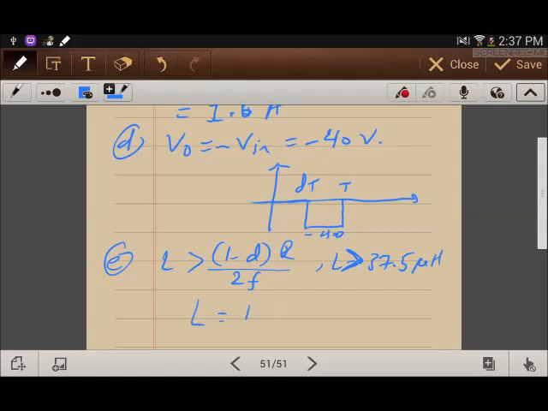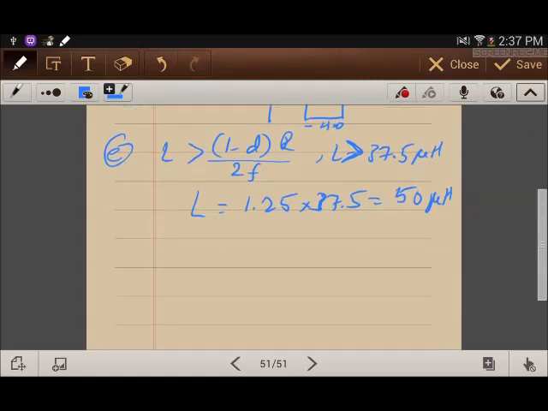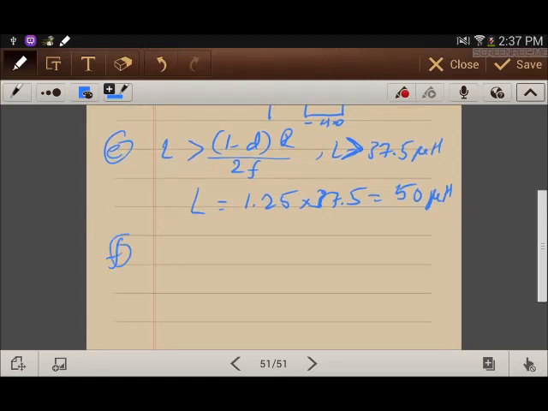If I multiply it by 1.25, I will get 50 microhenry. Then they asked for the last point, to find delta V out over V out, and this should be equal to (1 minus D) over 8LCF squared. So I will get here 0.156%.